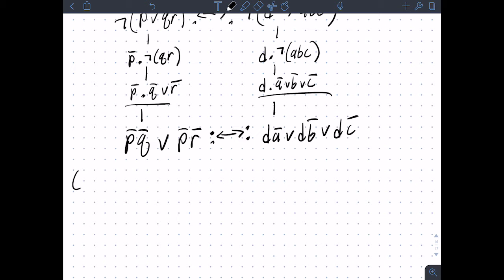It would be not P, not Q. I'm just doing parentheses temporarily because I'm not sure how the grouping is going to work out on this yet. And okay, actually, I do know how the grouping is going to work out.